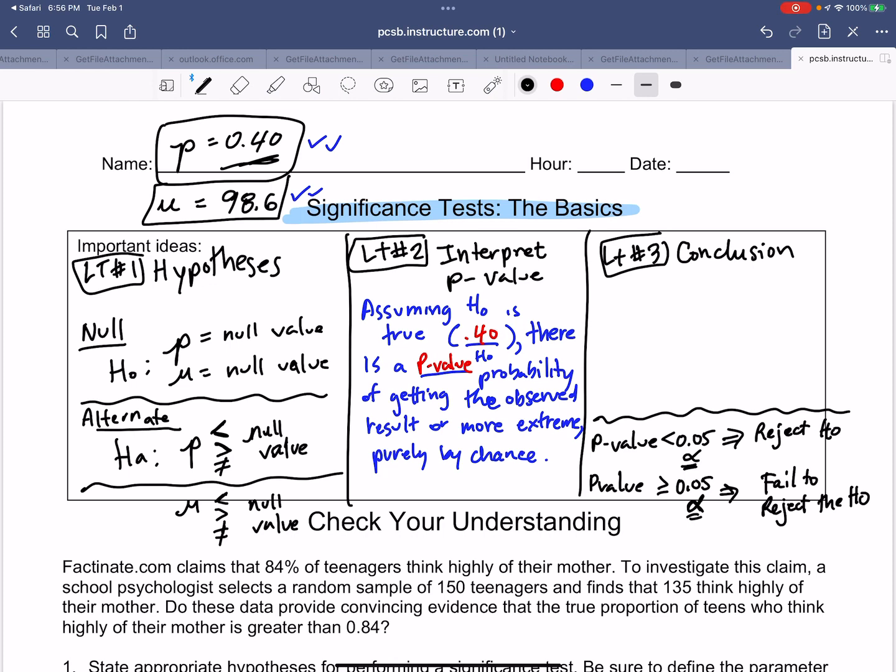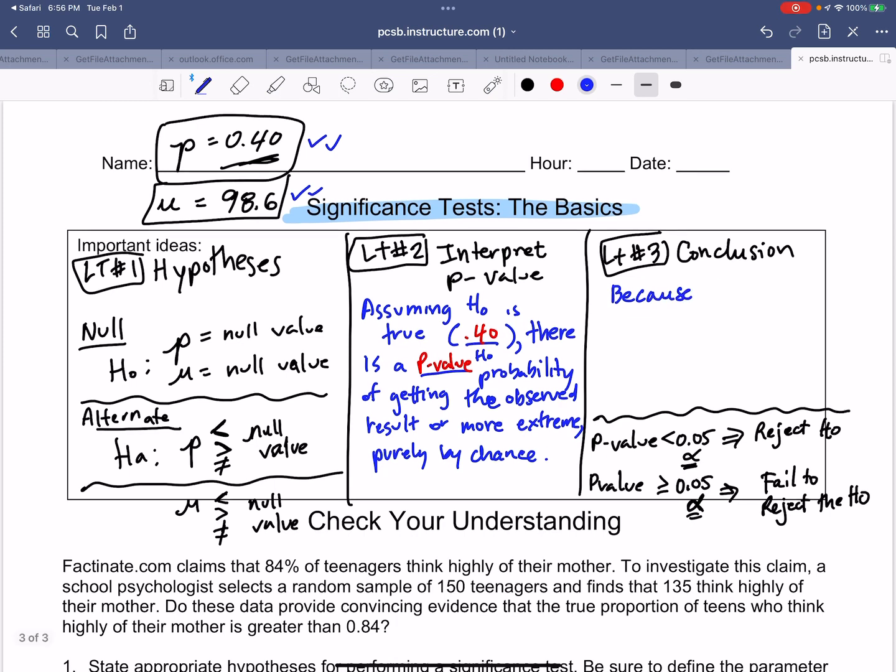So in conclusion, I'm saying that because my p-value is either less than or greater than alpha, I've got to determine that.